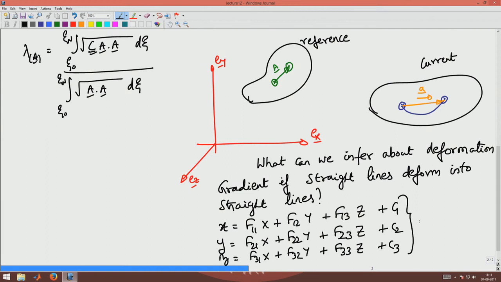These equations I can write succinctly as x is equal to F times capital X plus c, the vector c, right. So, that is the matrix vector multiplication that goes in here, and this F is a constant matrix.